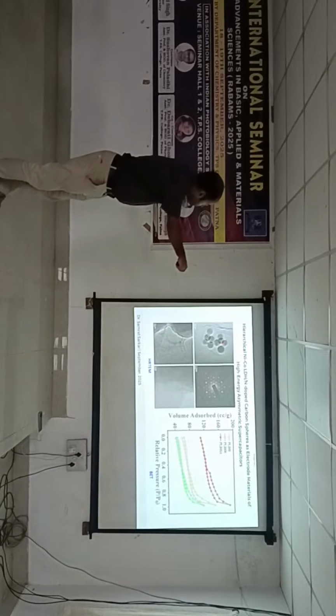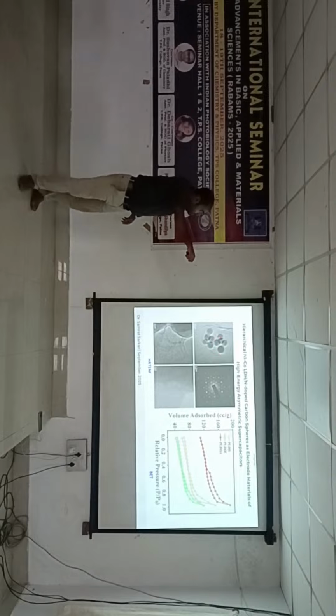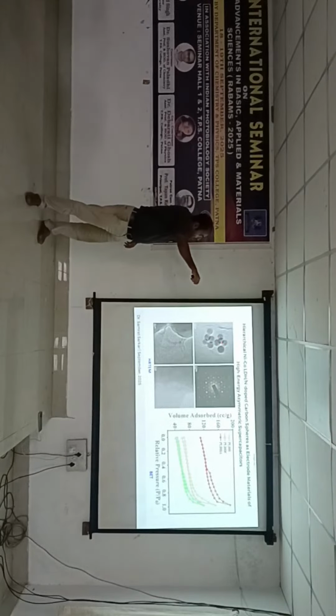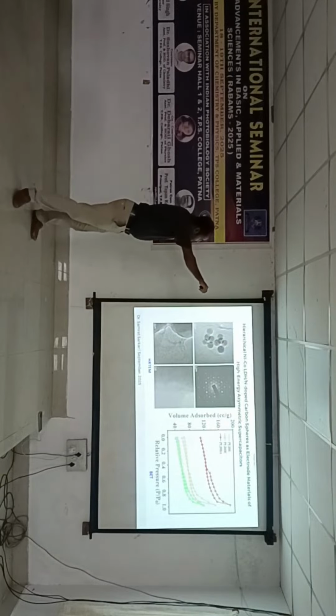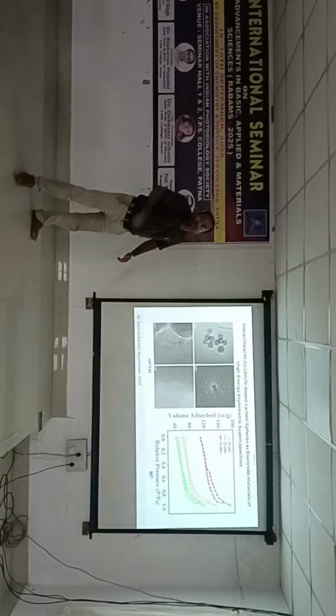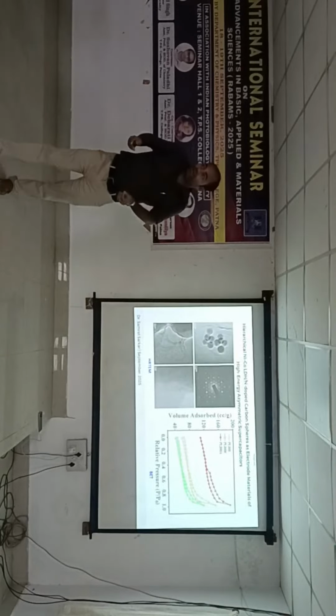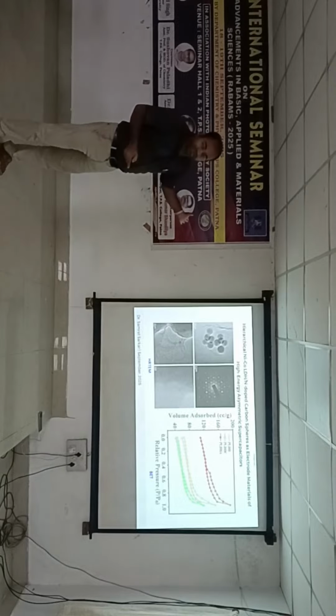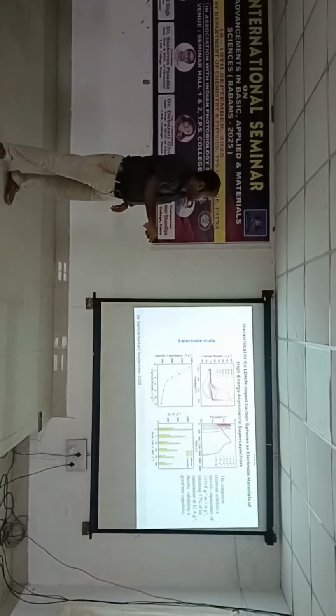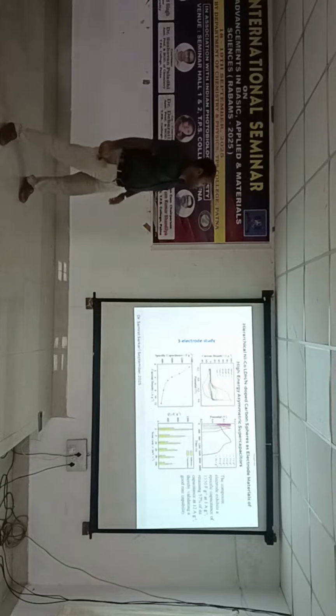It can be seen from the same image. When one carbon sphere is above the others, we can see it is a hollow carbon and there are LDH layers covering the hollow carbon. It can be seen more clearly in the FESEM image, but the FESEM image was on the previous page.